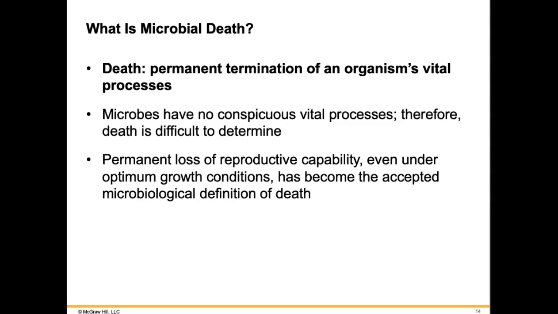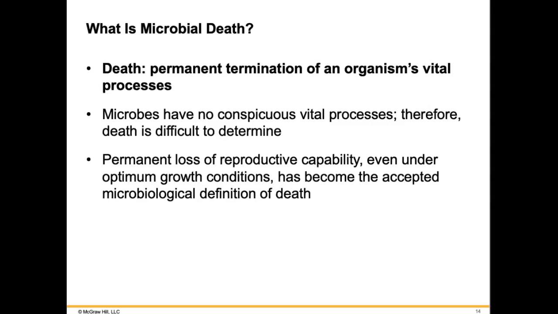So death is the permanent termination of an organism's vital processes. That is the definition of death, or in this case, we're talking about microbial death. So it cannot reproduce, it cannot do its normal stuff. Microbes have no conspicuous vital processes, therefore, death is difficult to determine.